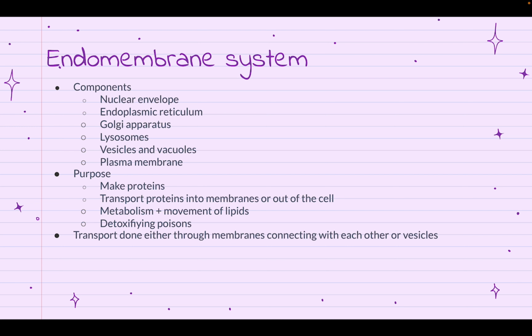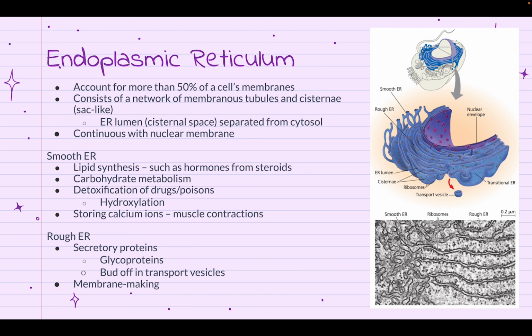Some of these organelles are also involved in metabolism and the movement of lipids, as well as detoxifying poisons. Transport throughout the endomembrane system is done either through membranes connecting with each other or through vesicles. You'll find out a little bit more about this in the following slides.